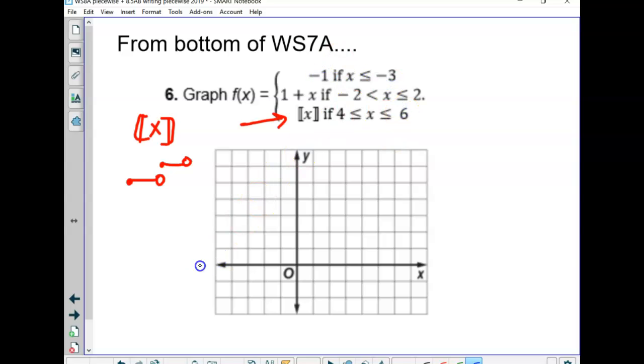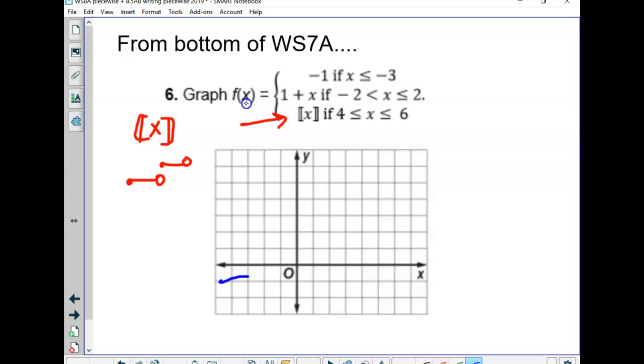-1 is down here. Whoa. Okay, let me try that again. -1 is down here. It's still in bed. But it only goes where? To the left of -3. Solid or open? Right up here?